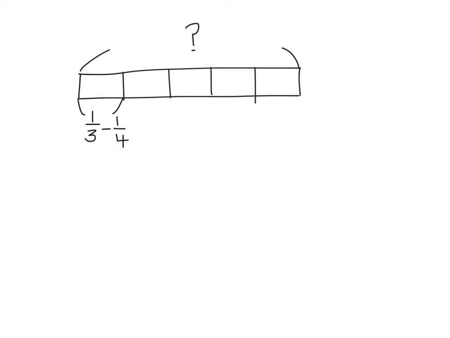Okay, very good. This time in this picture, are we given the whole and we're finding a fraction of a whole? No. What are we given? We're given one fraction of the whole thing, right? So if this green part is worth 1/3 minus 1/4, what is this blue part worth? What is this next blue part worth?